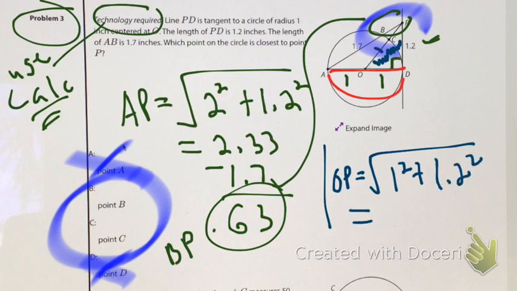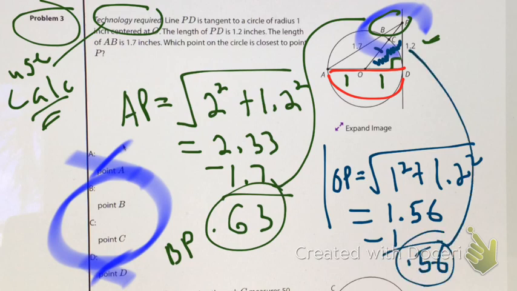That's a calculator issue. 1 plus 1.2 squared. I get 1.56. And I subtract the 1 from it because I just want the smallest piece. So I take away the 1, and I've got 0.56. That's the distance right here from P to C, or CP, if you will.